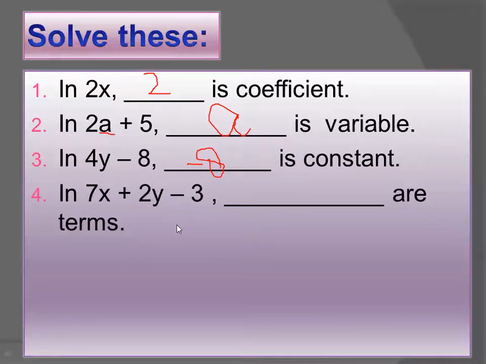Now that is very important. In 7x plus 2y minus 3, again 7x plus 2y, and then you have minus 3, dash are terms. So what are terms here? How many terms are here and what are the terms? Write it down in the chat box.